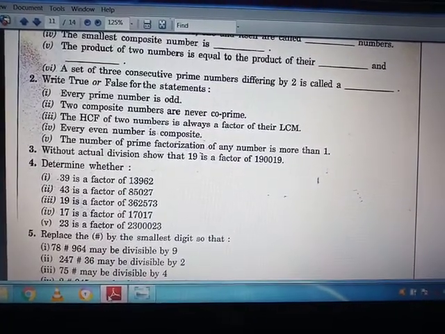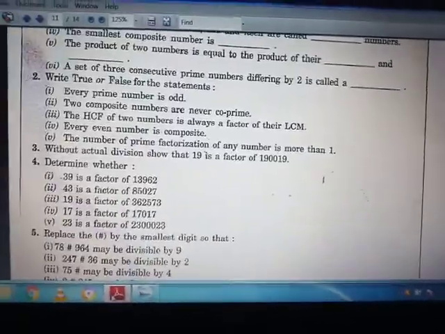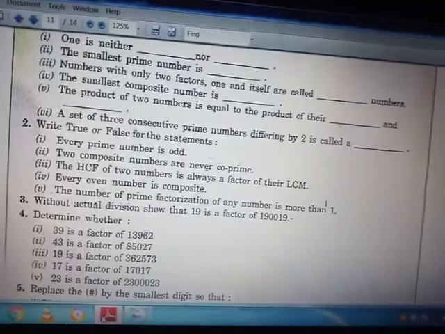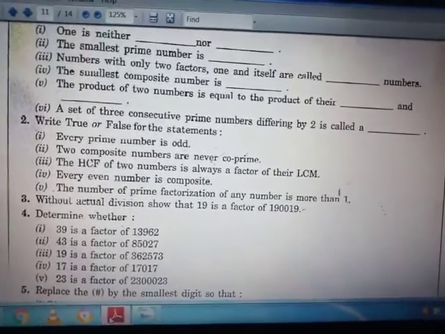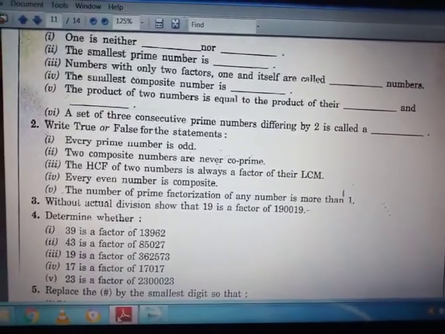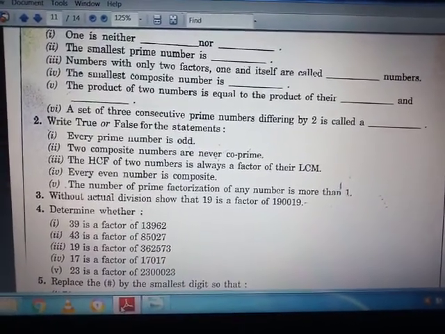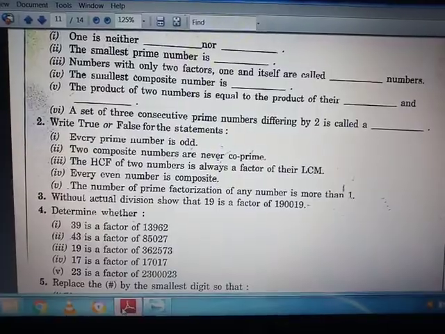The second statement is: two composite numbers are never co-prime. Basically, for the first part, every prime number is odd, it is applicable for all numbers except 2, because 2 is prime but it is not odd.